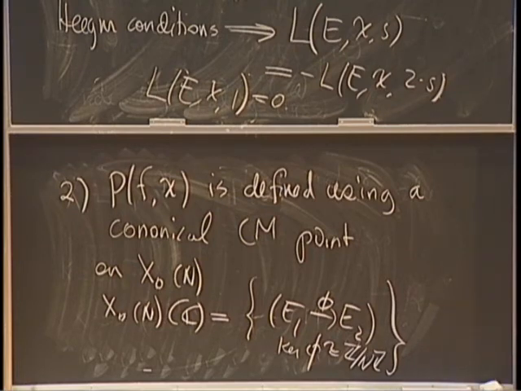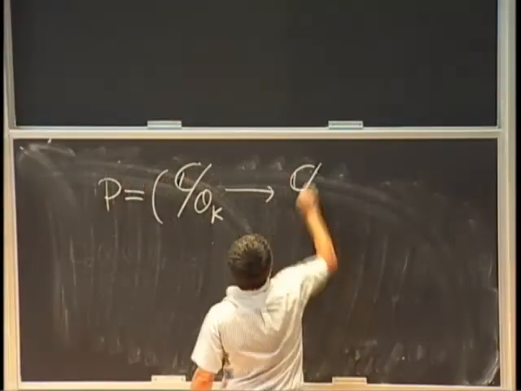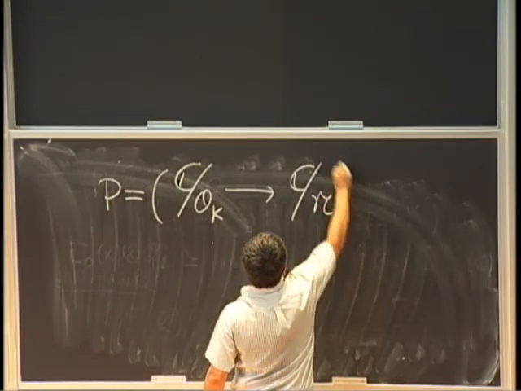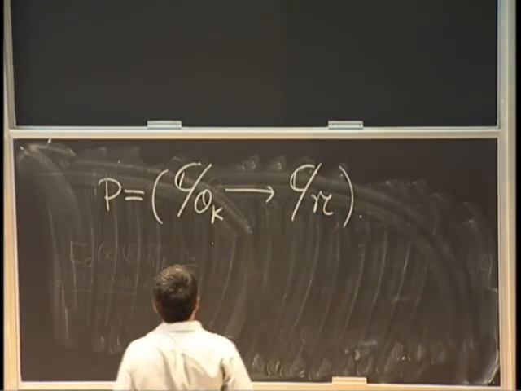So this point I will choose will be C, take O_K mapping to C modulo some ideal, inverse.